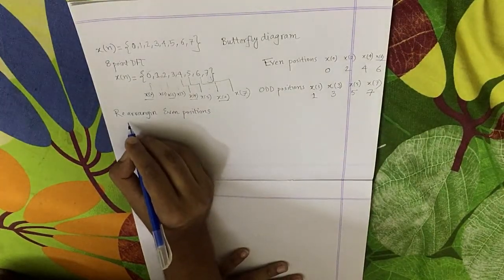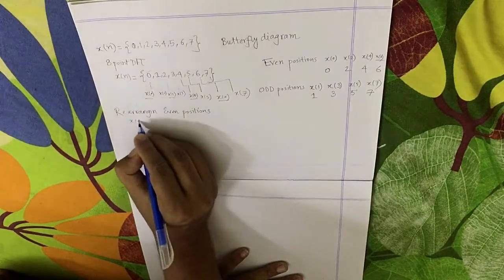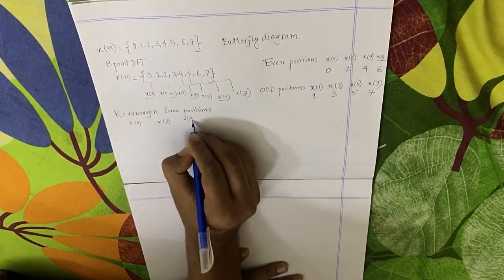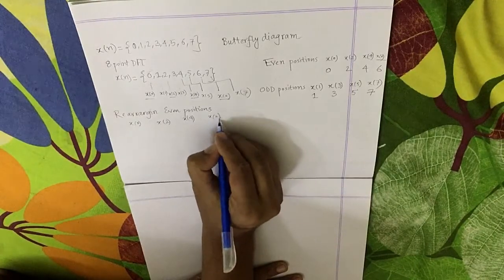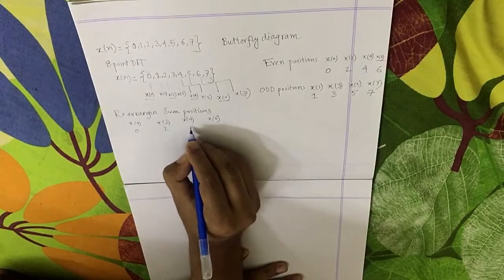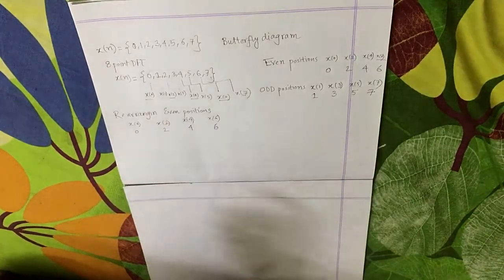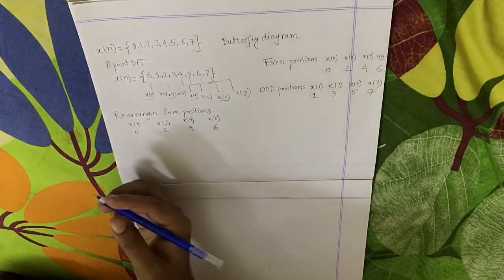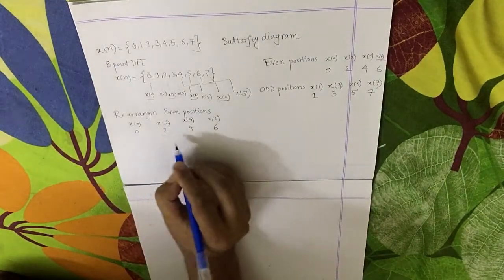So we have x of 0, x of 2, x of 4, then we have x of 6, and the values are 0, 2, 4 and 6. Fine. What sort of rearrangement are we going to do?